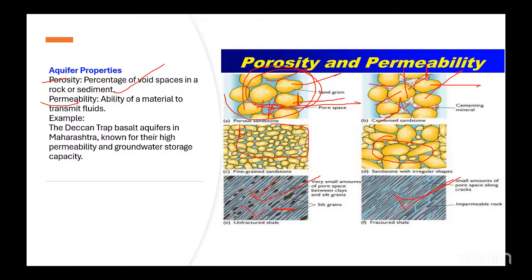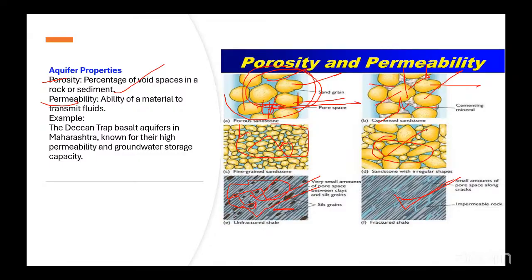This may have porosity but less permeability, because there is no connectivity in these water-filled gaps. Okay. So here you can see connectivity is there and water is there. Porous sandstone. This is cemented sandstone. In cemented nature, it may have water, but it may not permit the water.